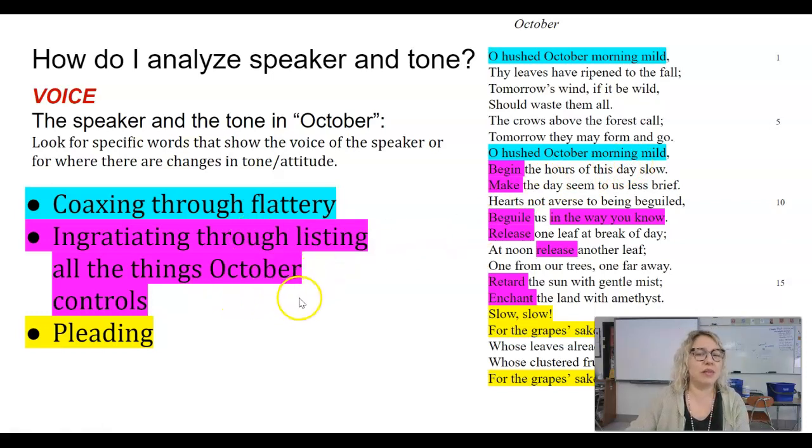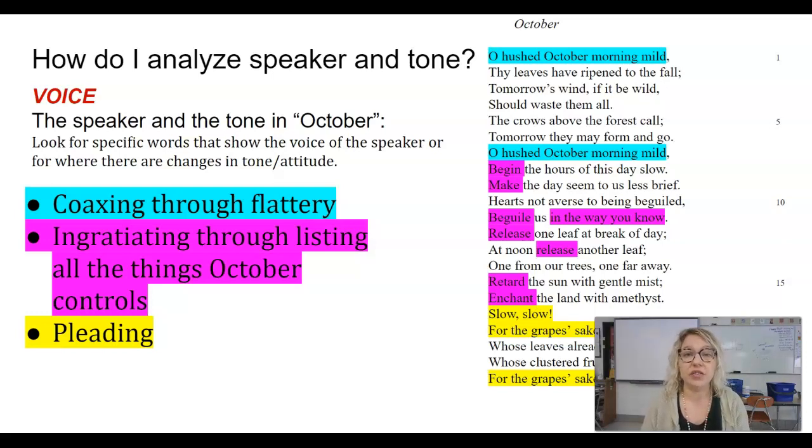The same tone or attitude continues with the listing of all of the different ways that October could act or have power. And it becomes almost ingratiating here as the speaker lists begin, make, beguile, release, twice, and then retard, enchant.